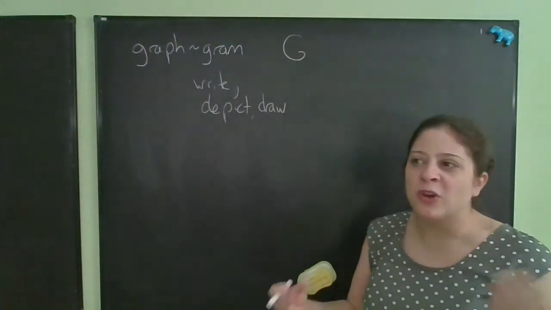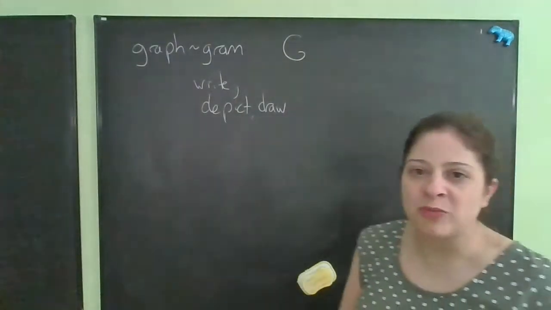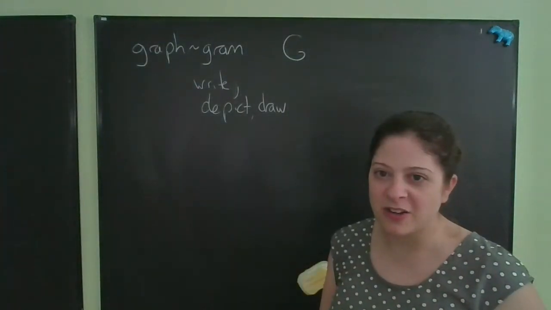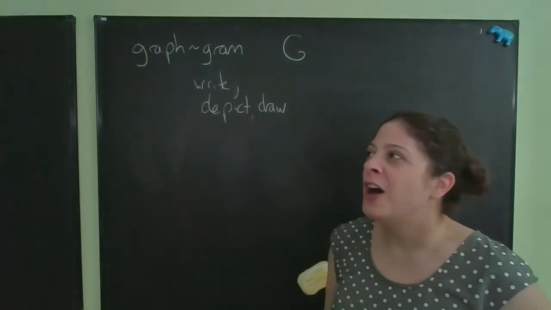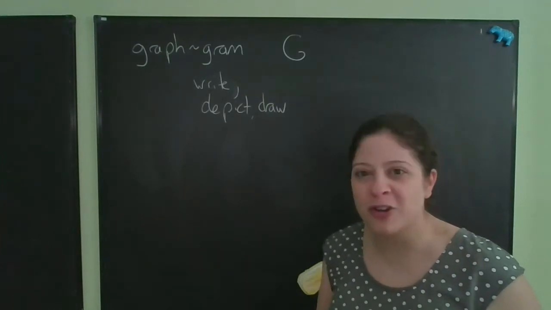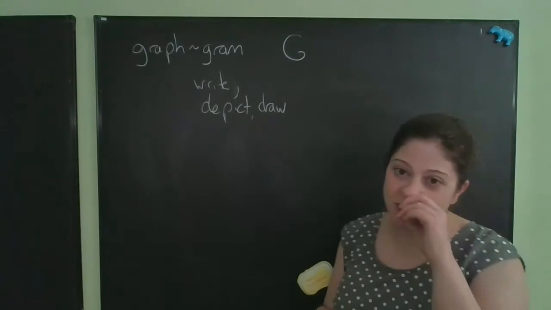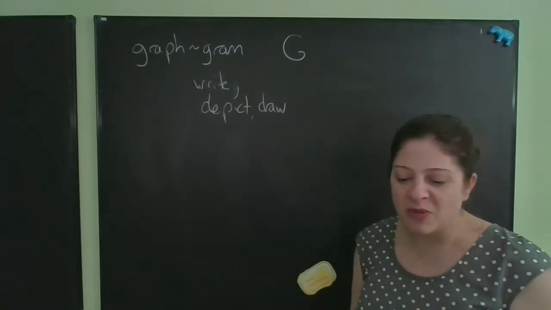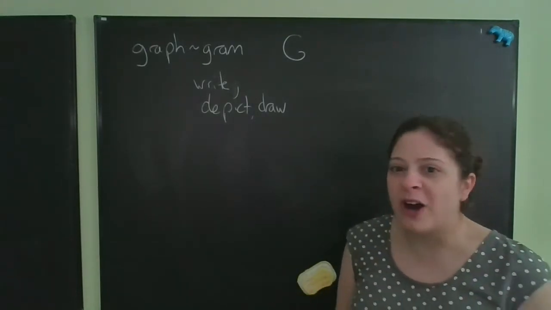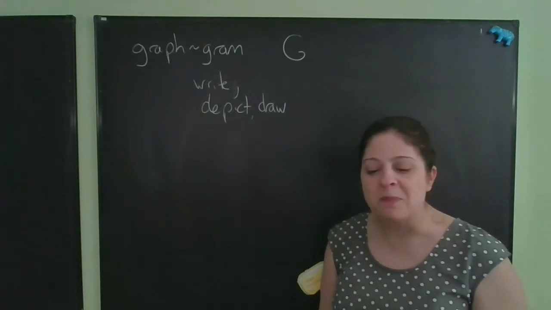You'll find graph and gram at the end of a lot of words for an instrument or the readout from that instrument. Right, so think of telegraph and telegram, or electroencephalograph and electroencephalogram. A lot of scientific tools, so you'll see that a lot in that context. But it shows up other places as well. Think of like bibliography or stenography as well.